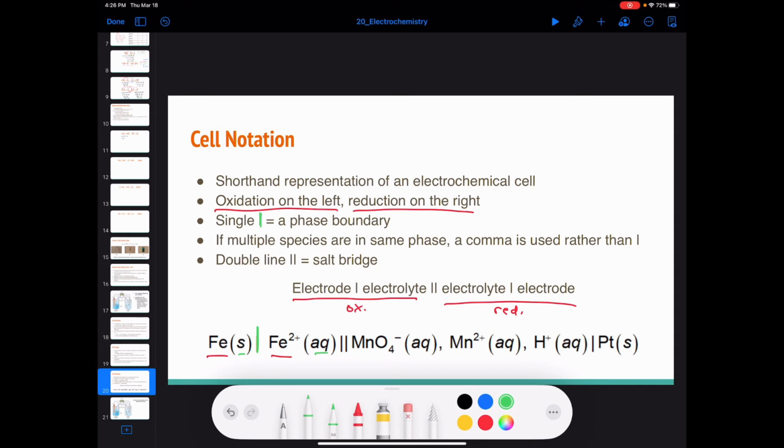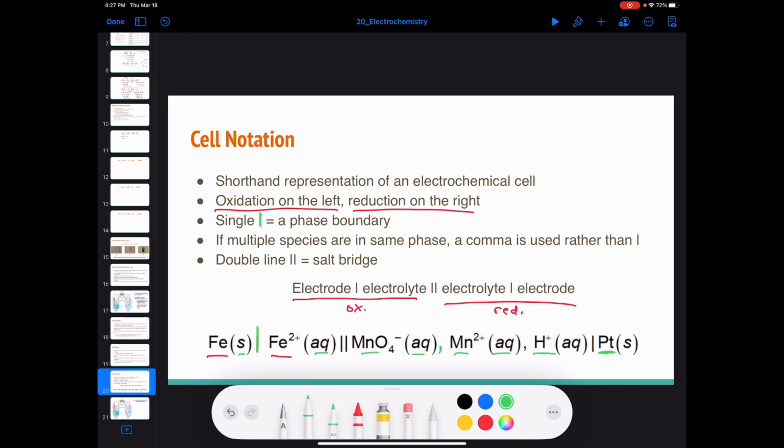So over on this side, notice that we're going from aqueous to aqueous, so we just put a comma there instead. In fact, because these are both aqueous, we can't have an electrode made out of an aqueous solution. So in this case, we're actually using a hydrogen electrode, which involves platinum metal because it's very inert, it doesn't do much, and then hydrogen going from H+ to H2.